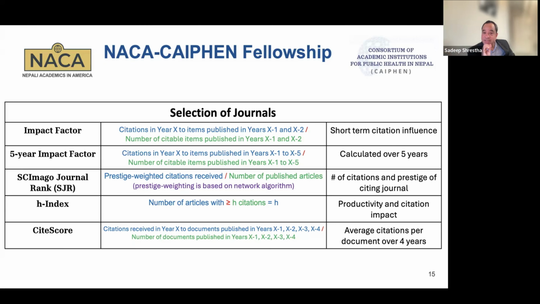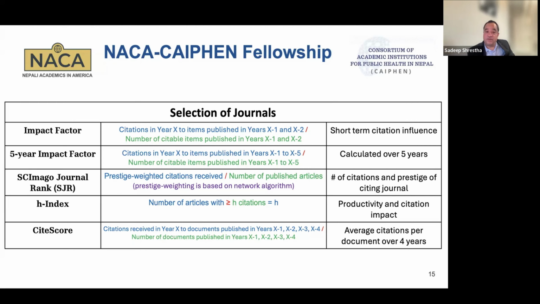So it's basically citations in year 2026 to items published in years 2025 and 2024, divided by the number of citable items. That means the number of published articles in the years 2024 and 2025 for that particular journal. That's how the impact factor is calculated.